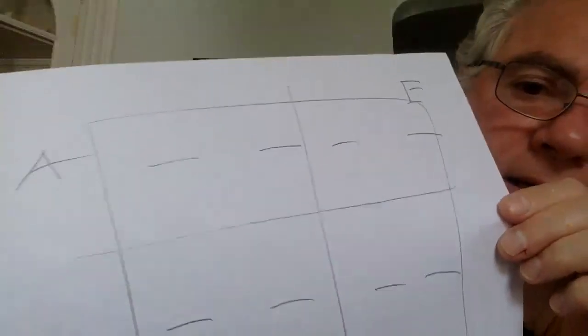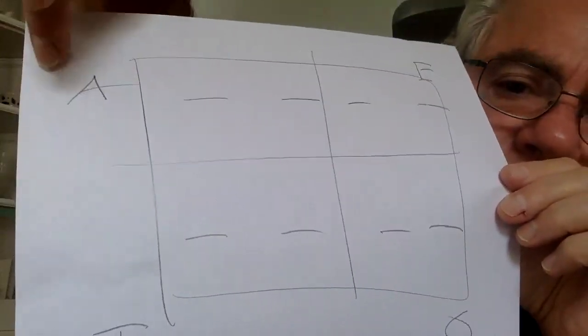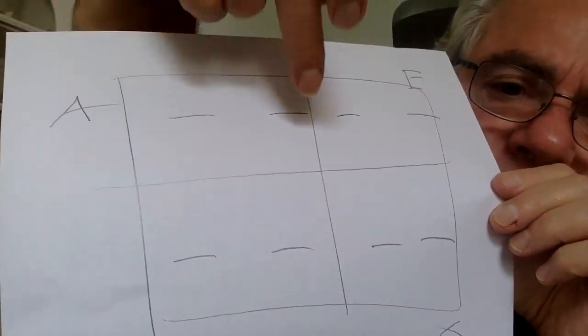If you just memorize this little chart, see this chart? I don't know if you can see. There's A, E, I, and O, okay? And then there's two places. A says all something is something.